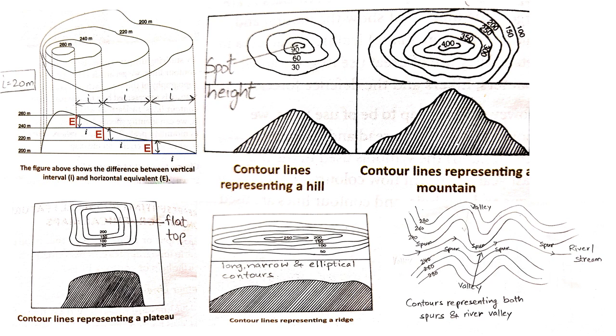Next comes the contours representing both spurs and river valley. It is a bit confusing. Here you need to see that the valley is going upwards and spurs are pieces of hard rock that protrude into river valleys. You can see the river stream and alongside there are spurs.